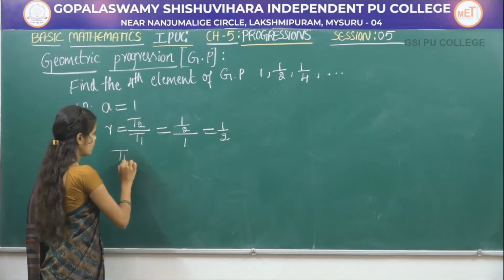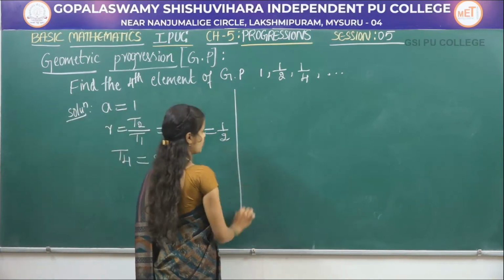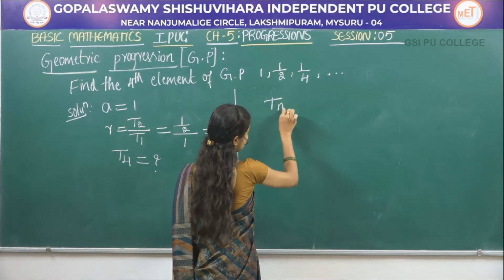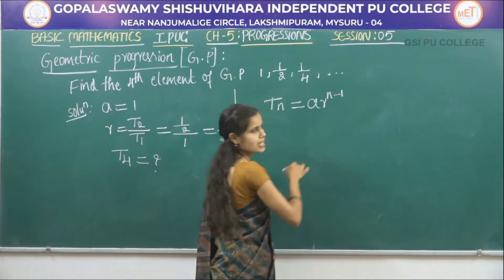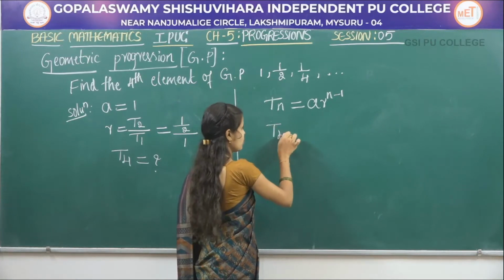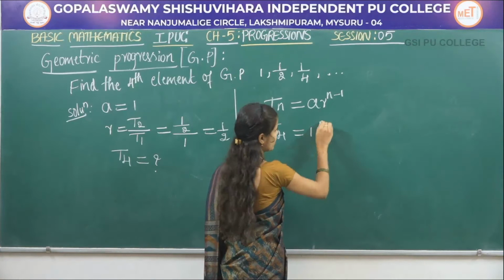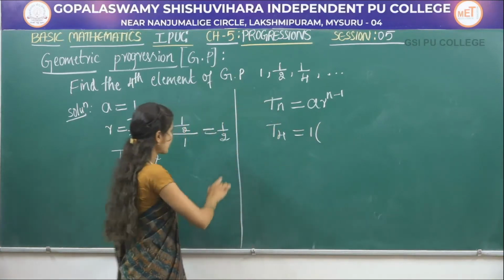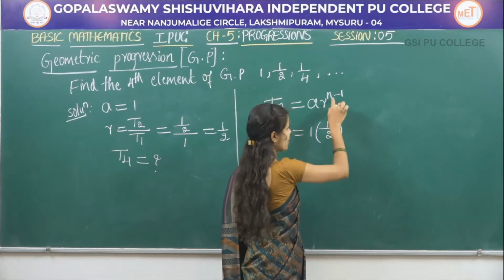We want the fourth element, T4. Now we know that Tn is equal to A R to the power of n minus 1. So T4 is equal to A, which is 1, into R, which is 1 by 2, whole to the power of n.